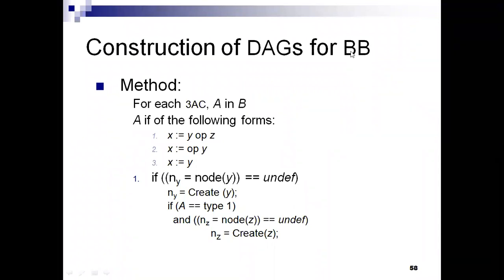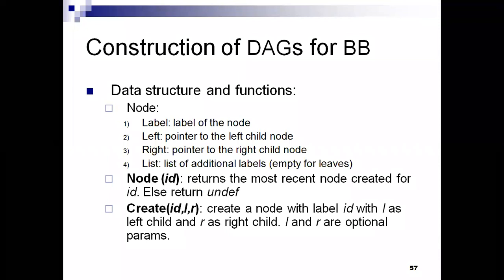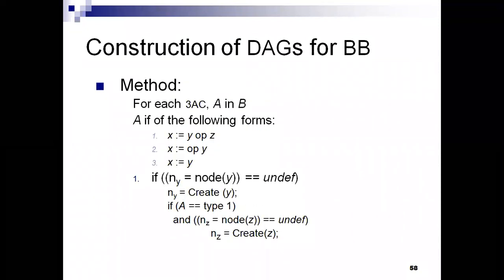First, if y is undefined, then create node of y with the function node of ID. For the ID y, I'm creating node of y because initially it is an undefined variable. Similarly, if z is undefined, create node of z.